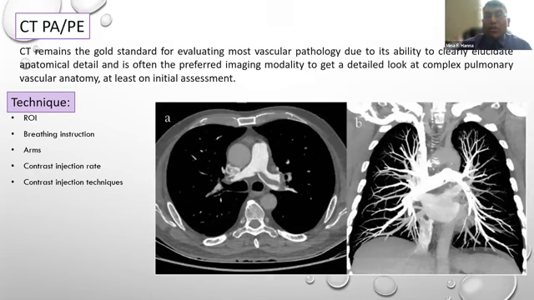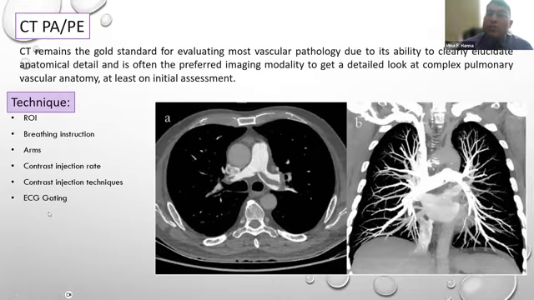So there are two ways. For some patients it is better to do bolus tracking, especially if the patient is not cooperative, or bolus timing if the patient is cooperative and we can inject one or two times and calculate in between. So it depends on the patient's situation, and we choose which one to go for.